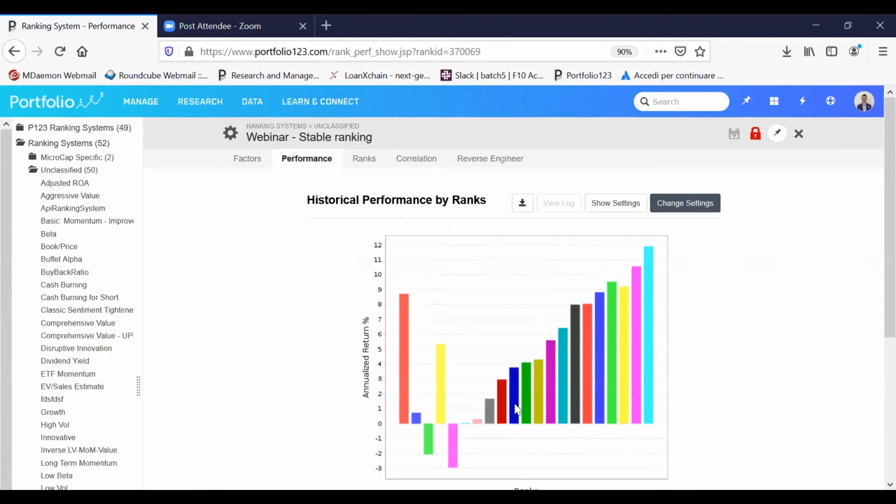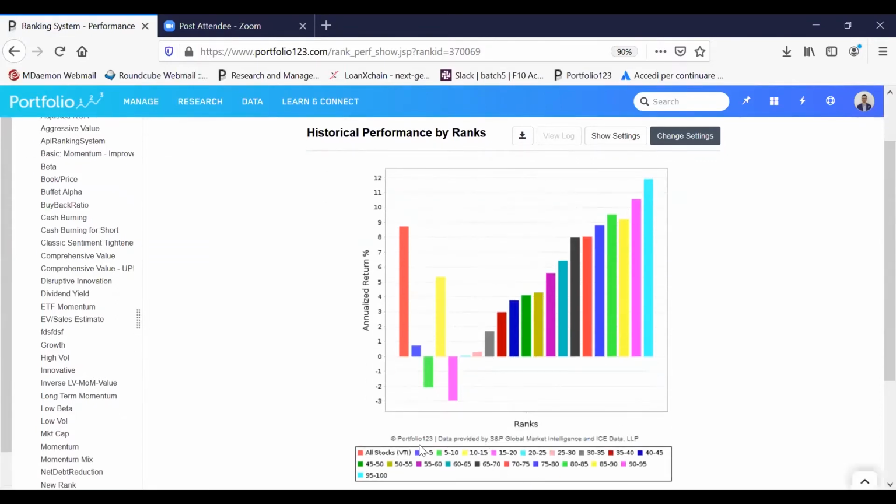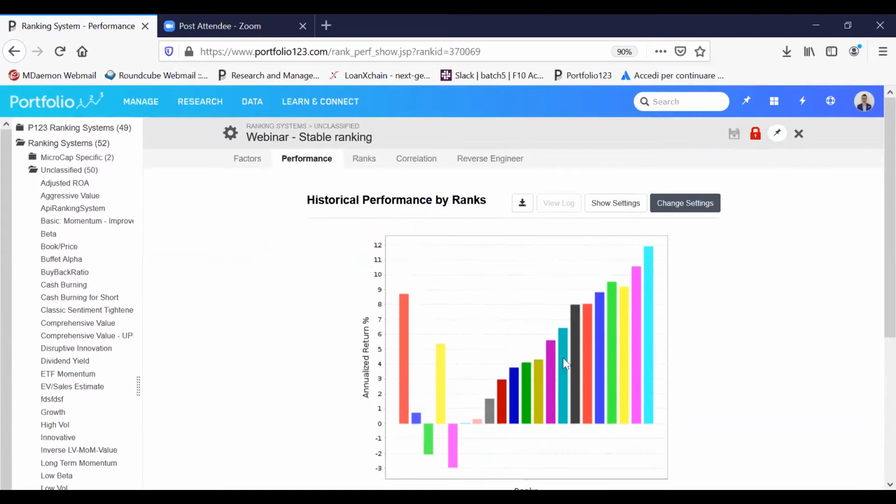So this is a pretty good result to start with, because in here we can see all the different buckets. So the top 5%, the next 5%, etc. And they are pretty well aligned apart from the very bottom.